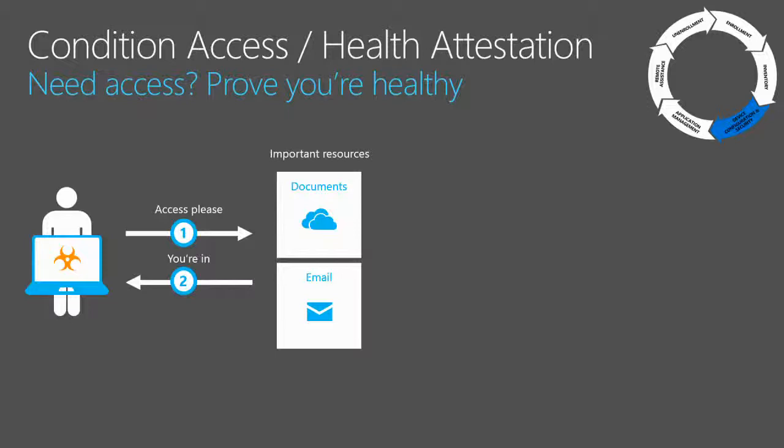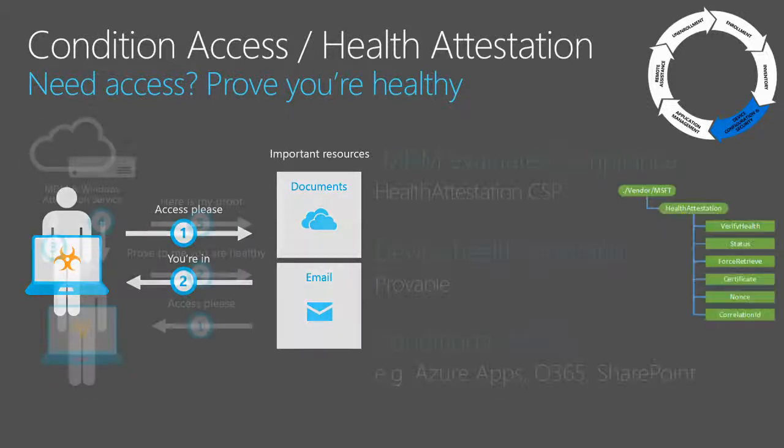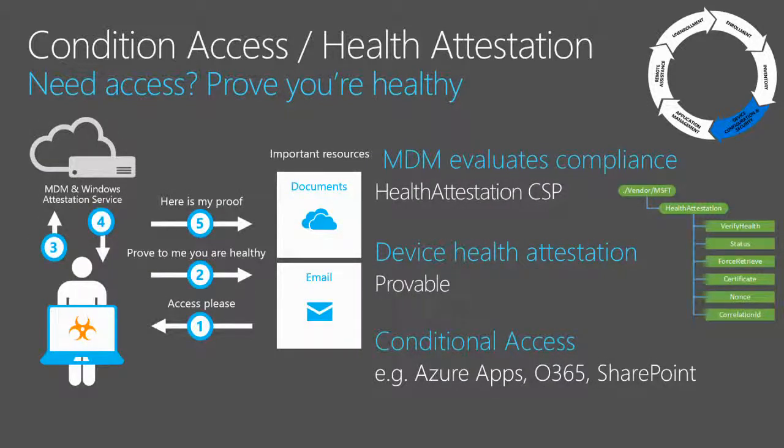So what happens currently today is, please provide me access to your resource. Here you have access, for example, Exchange, if you want to configure access to your Exchange environment or SharePoint environment. So what will happen now with Windows 10 is that you have the capability, because we have a new CSP that will test the attestation of the device: okay, you want access to this environment, prove to me that you are healthy according to these policies.